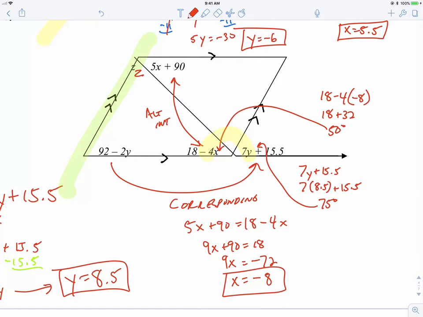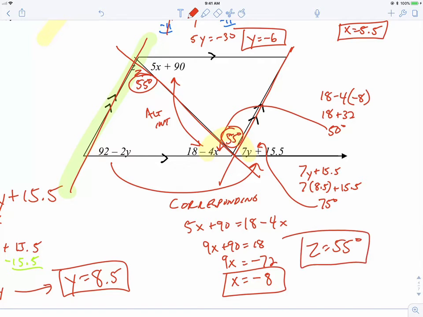So the one in the middle is going to be 180 minus 75 minus 50. So this one's going to be 55 degrees. And then finally with parallel lines and a transversal, these are alternate interior angles. So Z equals 55 degrees.